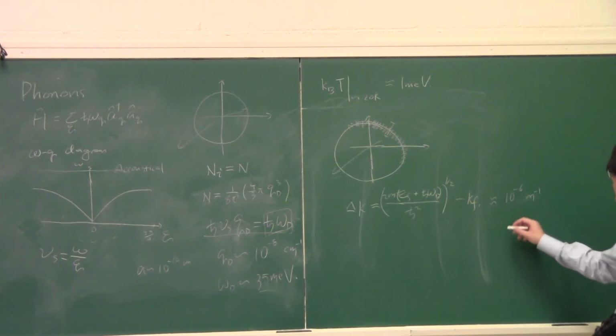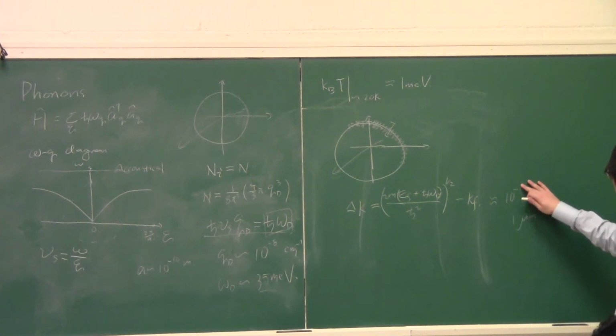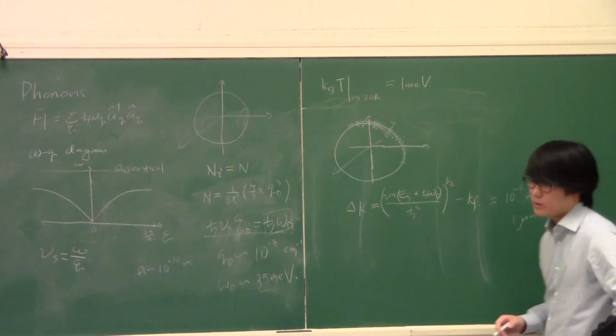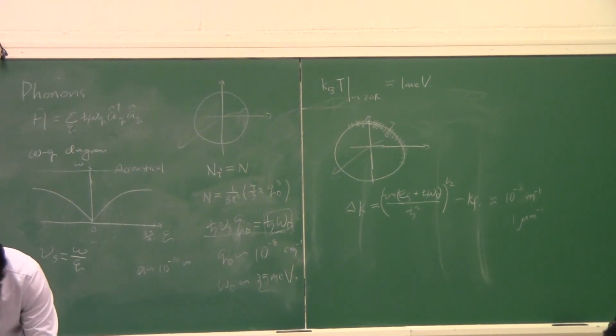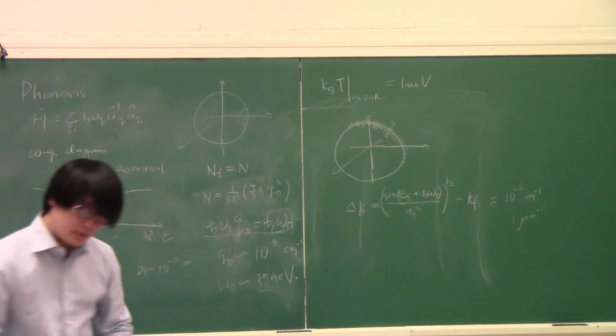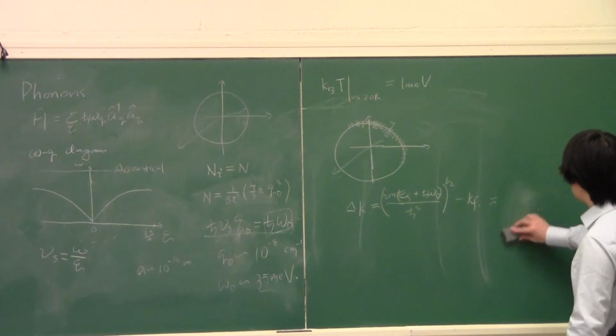So this is about an inverse micron. Sorry, this is 10 to the minus 5. Let me take a look at my notes. Okay, so the delta K turns out to be about 10 inverse micron.